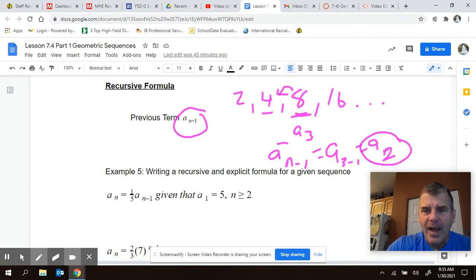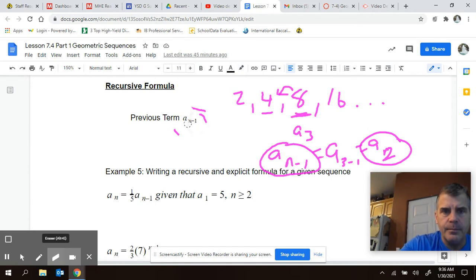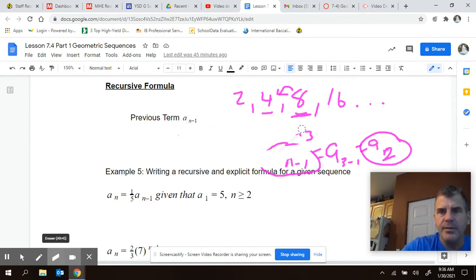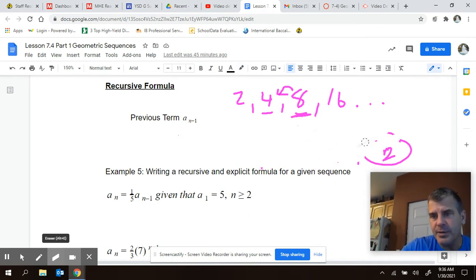So that's how this notation is working mathematically, and then we also need to be able to apply it logically and linguistically within this situation. So how does a recursive formula work? That's important. They're going to ask you to write the recursive formula from an explicit formula or from clues.